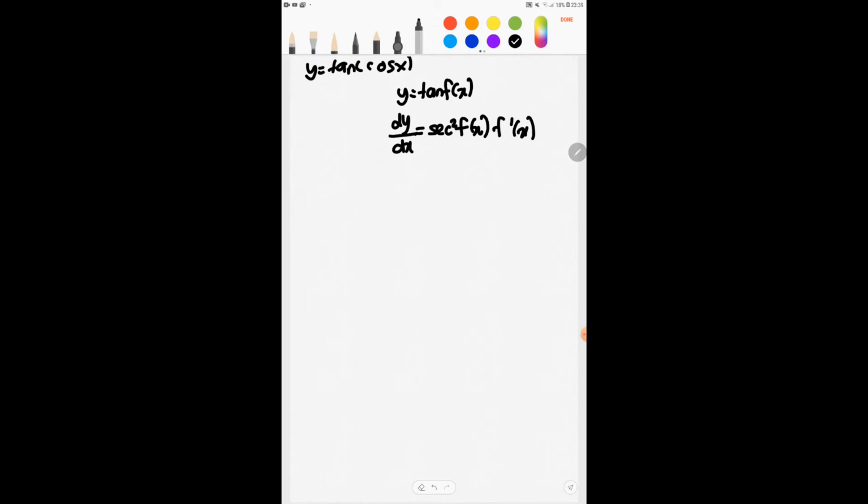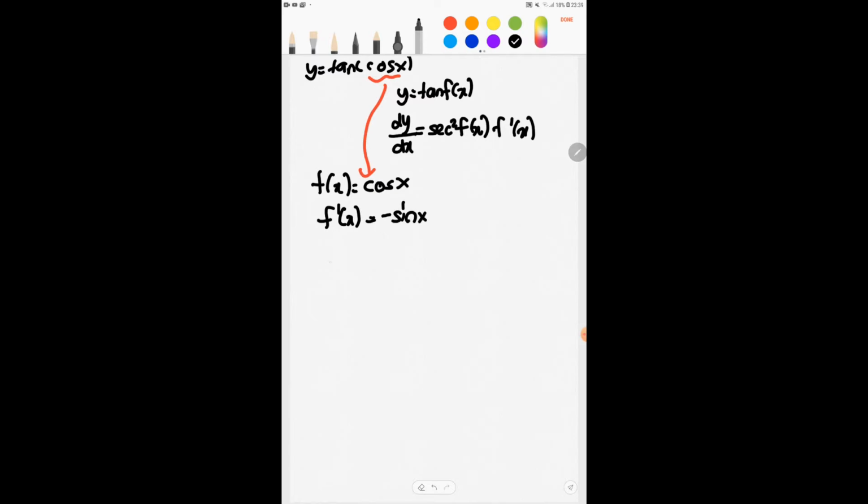So here the f(x) in this case is equal to cos x, and differentiating cos x, we get negative sine x.